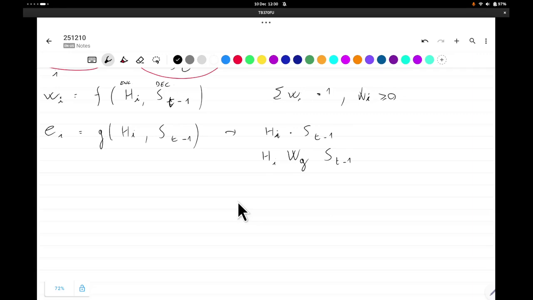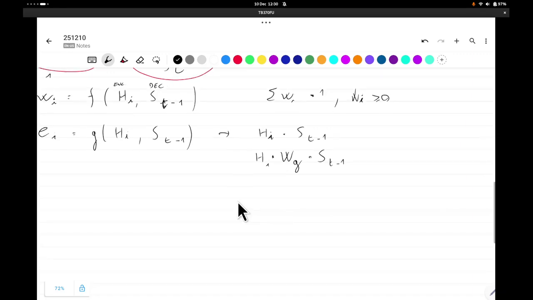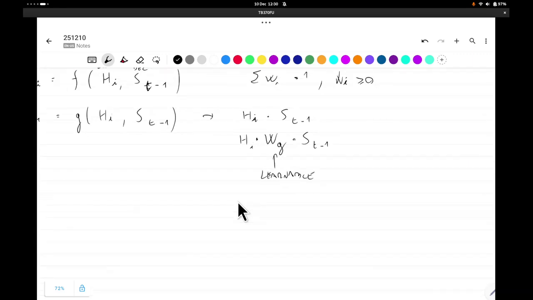So I have a matrix, so S can have any dimension, H can have any dimension, and I just have a learnable one. So the catch in all these stories is that we dump all these linear transformations in the game, and whenever you have, I try to be consistent with this W letter, you have a matrix of weights that we learn.